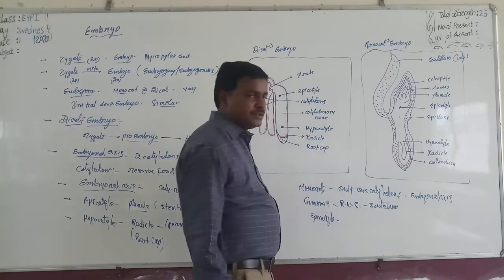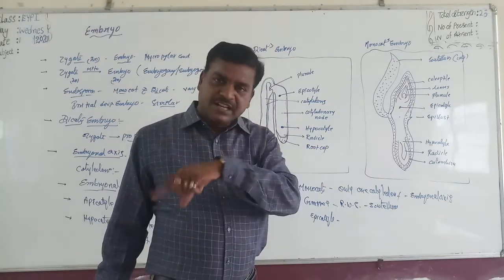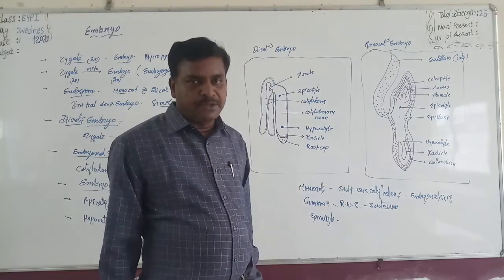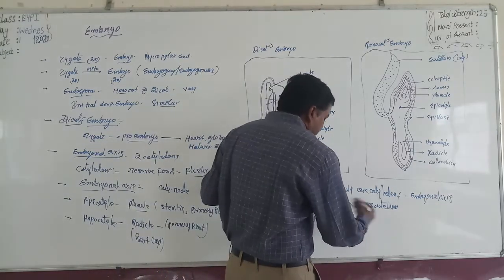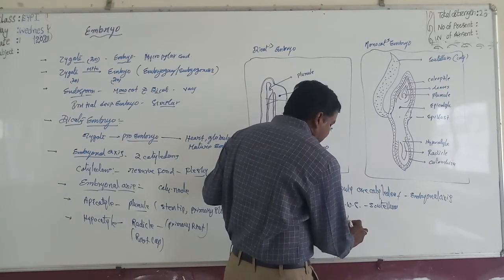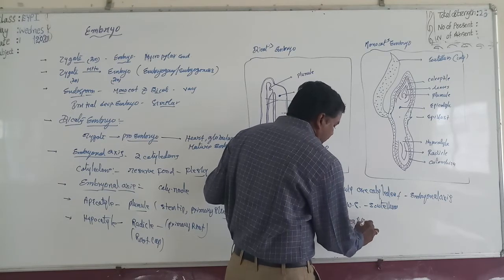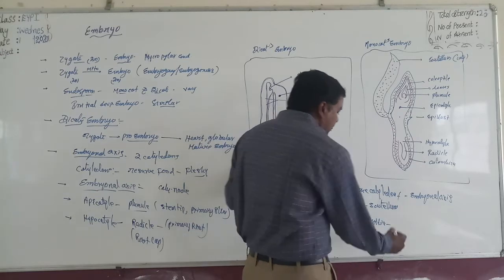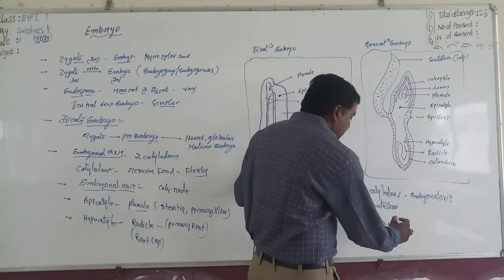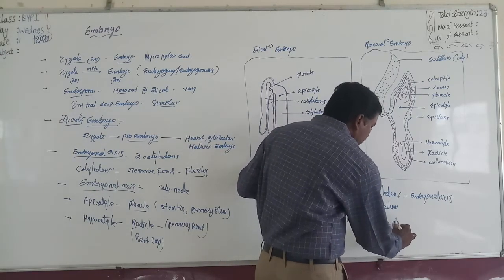Very important. The epicotyl is present in the dicot embryo and also in the monocot embryo. This epicotyl terminates into leaf primordia, and it also gives the plumule.